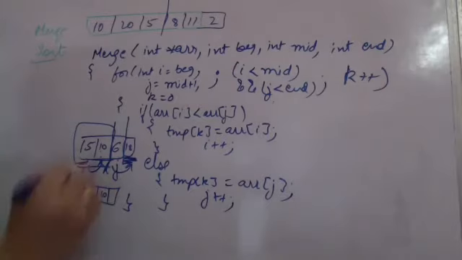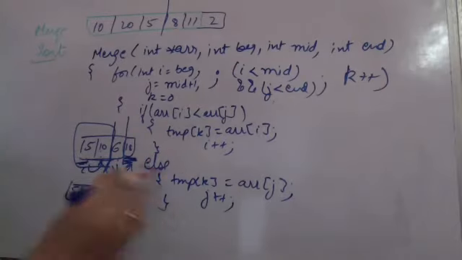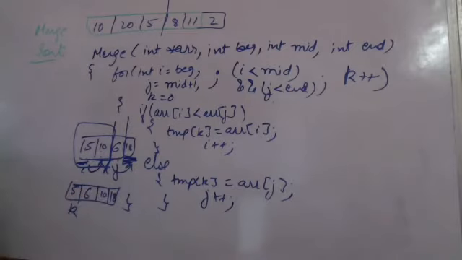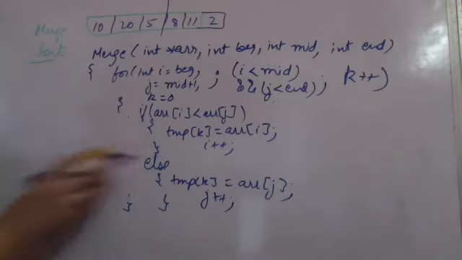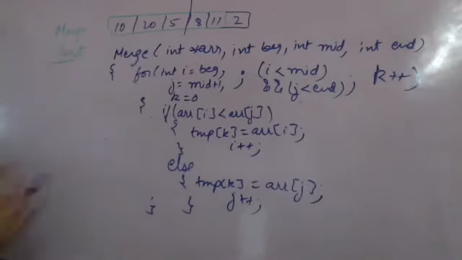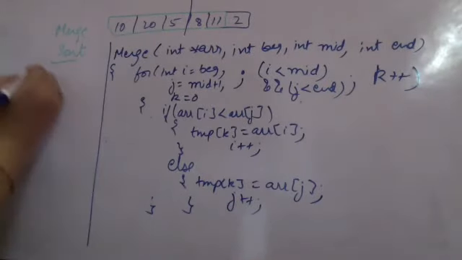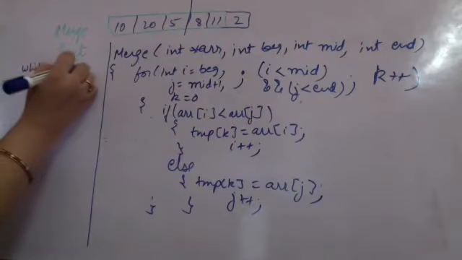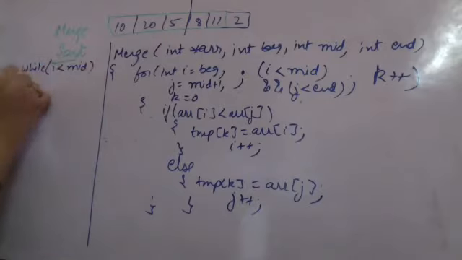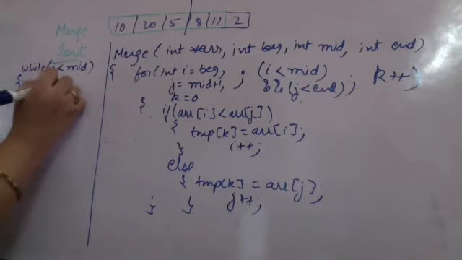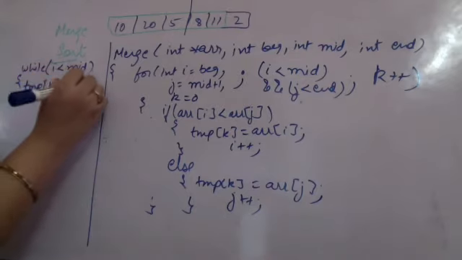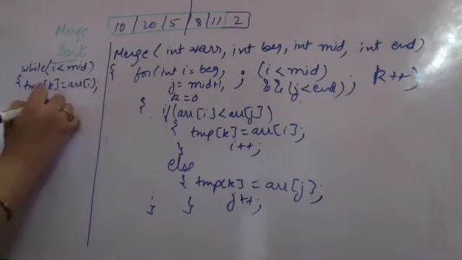So what you do is copy the rest of the array as it is. To copy the rest of the elements, while i is less than mid, you copy: temp of k is equal to array of i, and you do i plus plus and k plus plus.